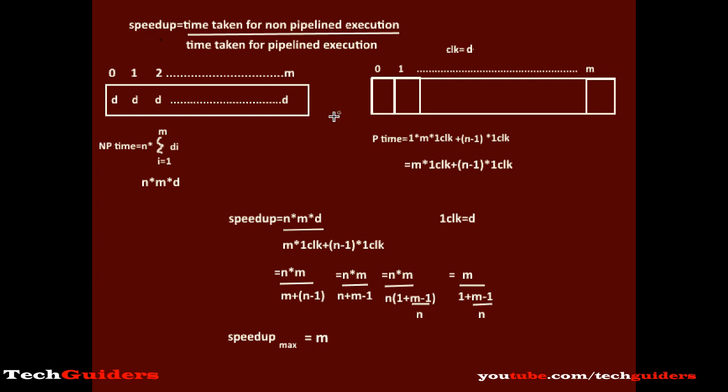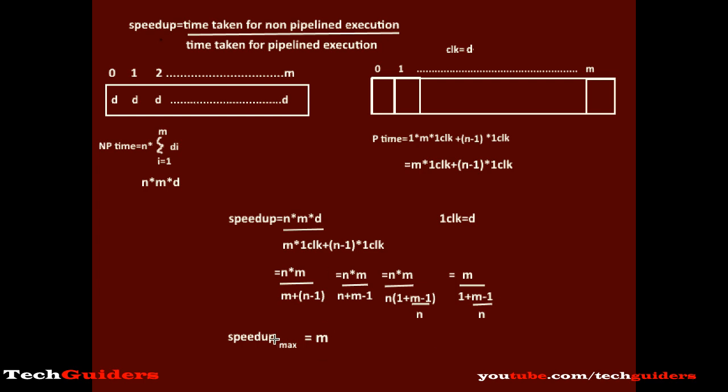Not only that, here we consider the ideal case in which every phase has the same delay. But normally different phases will have varying delays, hence this m into d value will be less than this ideal case value, and the clock period is set to the longest delay plus buffer delay too, hence this denominator value will be greater than this ideal case value, meaning the speedup will be less than this.